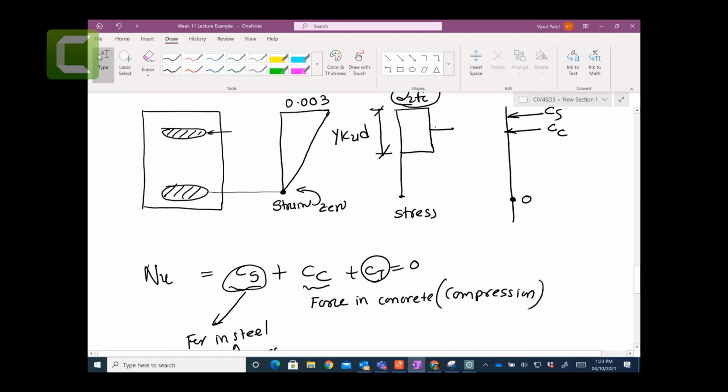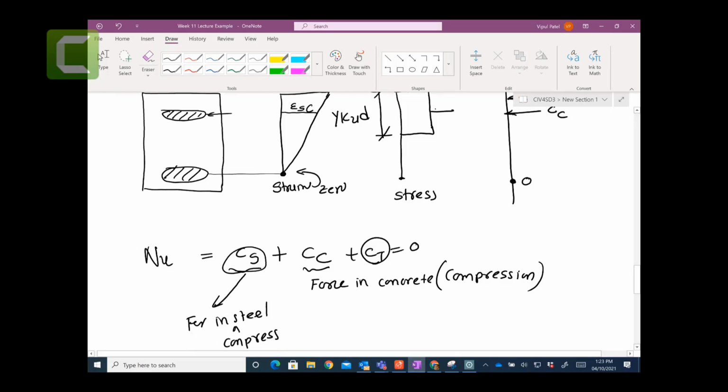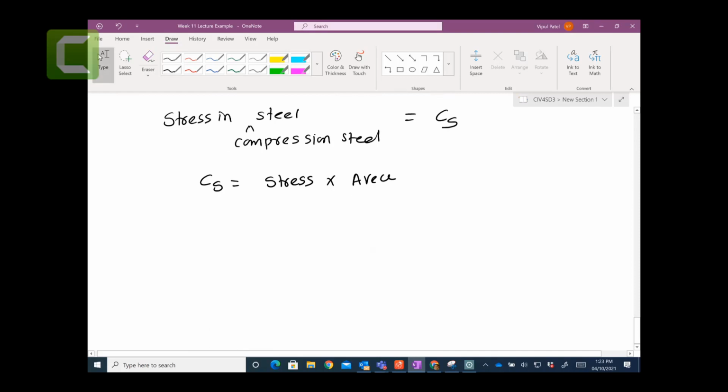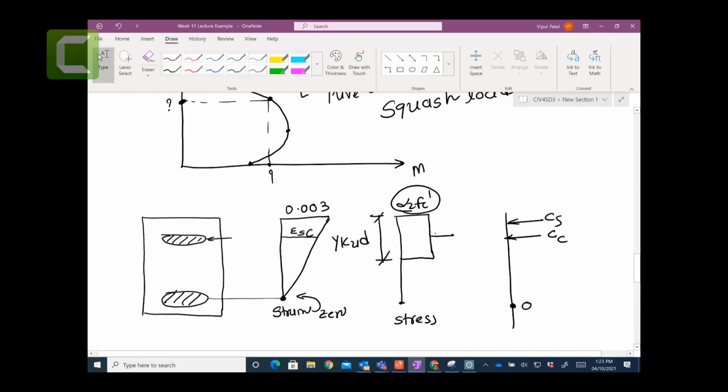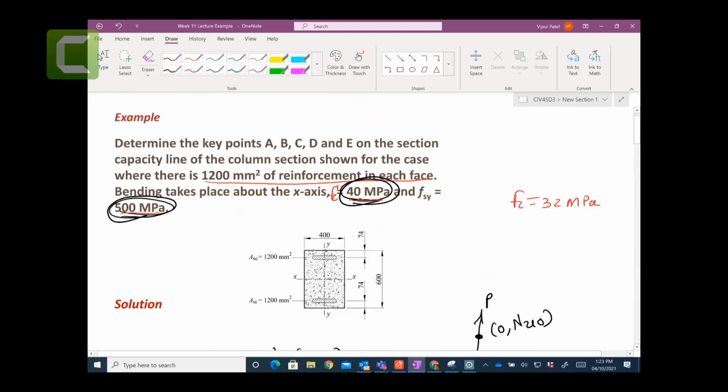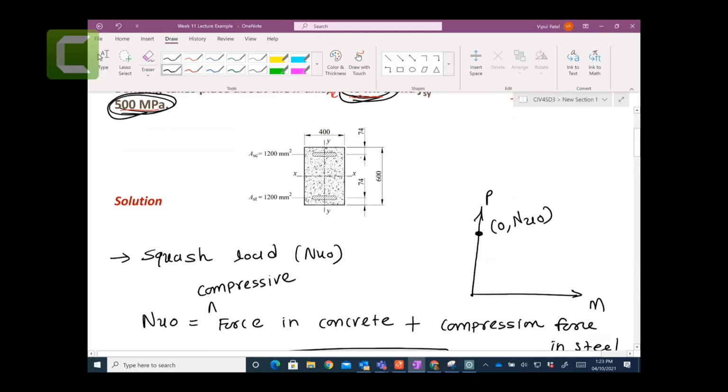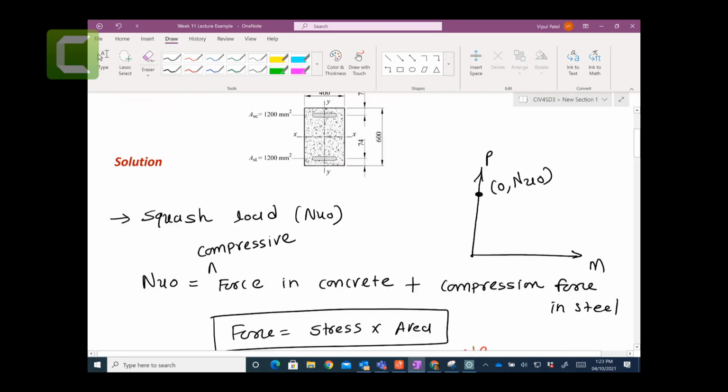Let's calculate the strain here. Let's say this is epsilon SC, the steel strain. To calculate epsilon SC, we have some dimensions given, I believe 74 on each side.